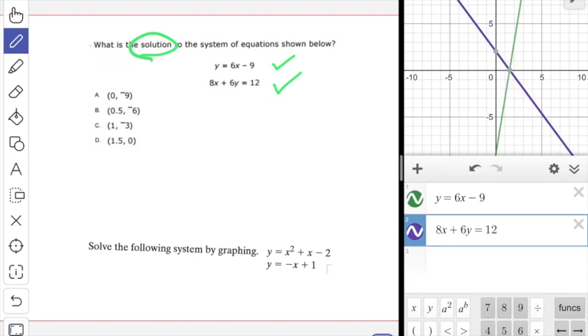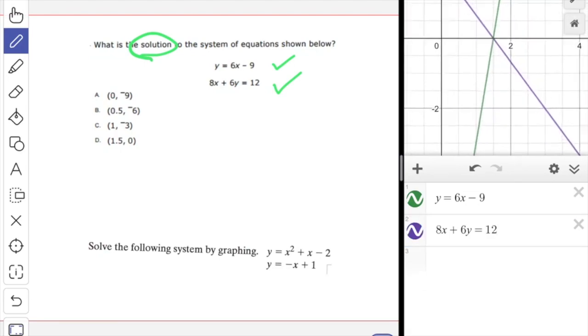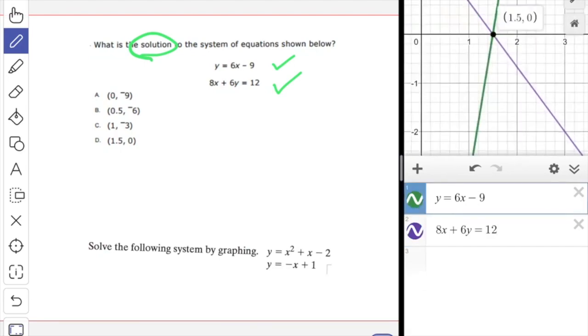And I should see that there is clearly an intersection here. So let's make sure we zoom in and get that intersection, and we have 1.5 and 0. So my solution point is 1.5 and 0, which is D.